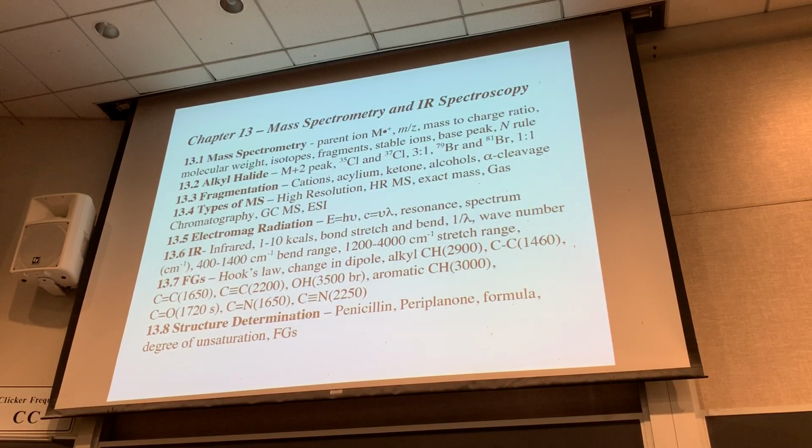Here are the ones you need to know. Alkyl CHs, 2900, carbon-carbon, around 14, carbon-carbon double bond, 1650, triple bond, which is higher in energy, 2200, OH, a very stable bond, over 100 kcal per mole, 3500, and it's very broad. We'll define how intense these signals are.